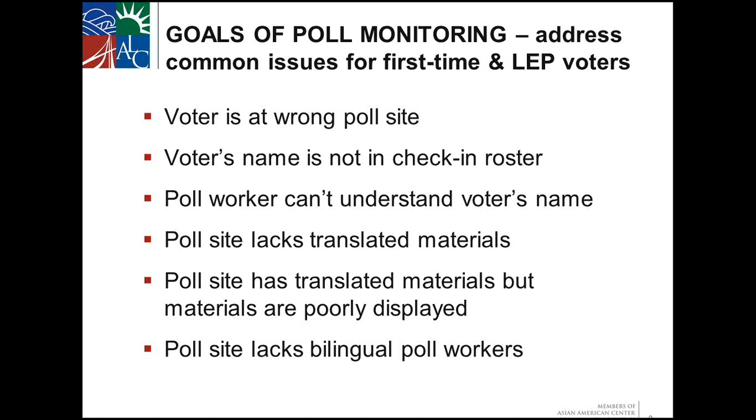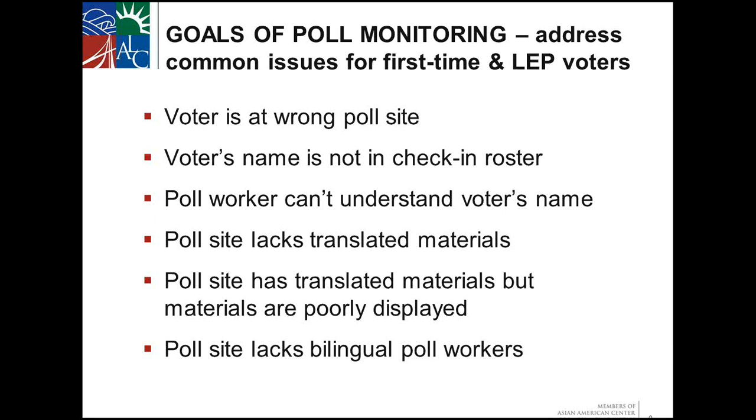Are they going the extra distance to make sure that the person is sent to the right polling site? Voter's name is not on a check-in roster, or they can't understand the voter's name. Not all poll workers are culturally sensitive or as familiar with Asian last names, especially if there's an LEP voter. There can be issues there with identifying them on the roster.